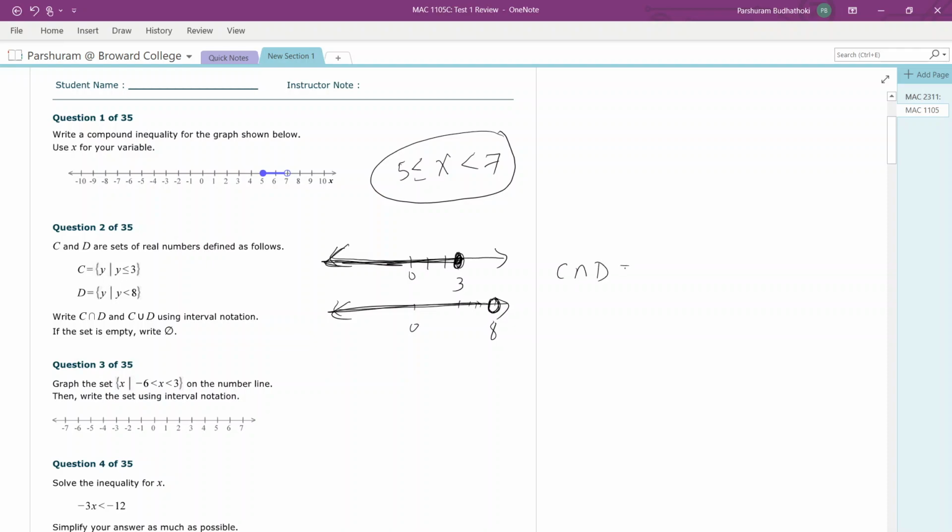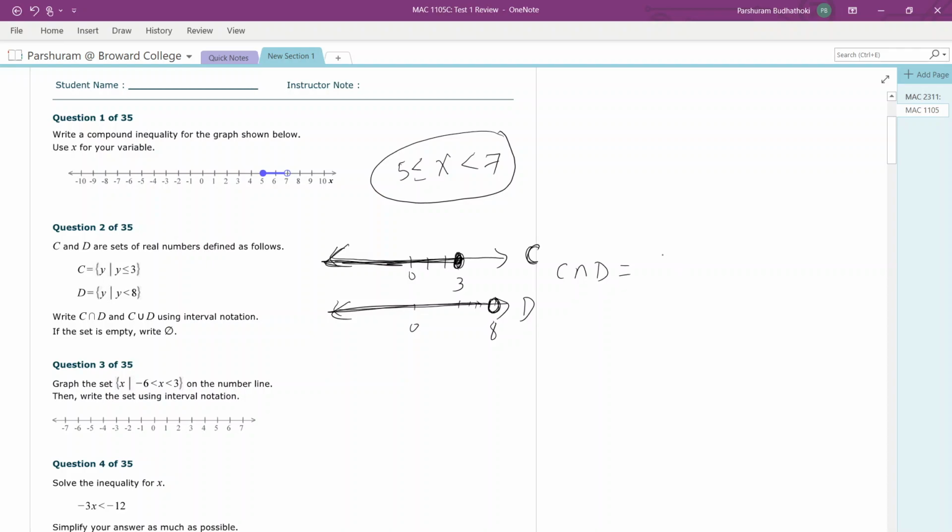By looking at this, you can see that the intersection of C and D, the common part of C and D, is 3 and less. We have to write our answer using interval notation.